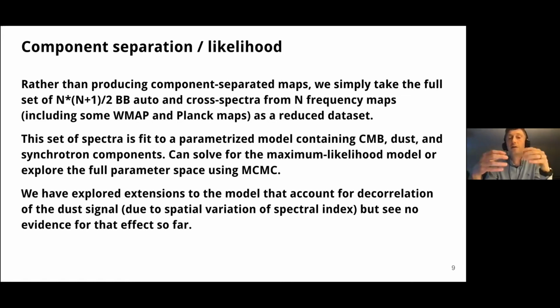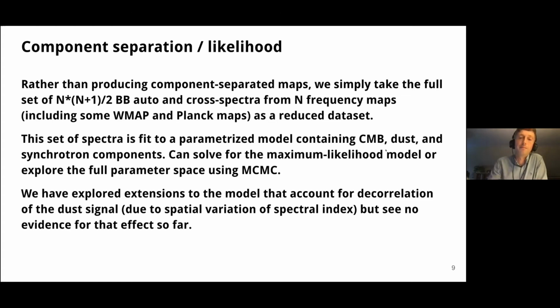Then we use that as a reduced data set and fit it to a parameterized model that contains CMB and also foregrounds. Since we're worrying just about polarization, our foreground model is dust and synchrotron. We can either solve for a maximum likelihood model, or we can use MCMC and explore the full posterior parameter space.